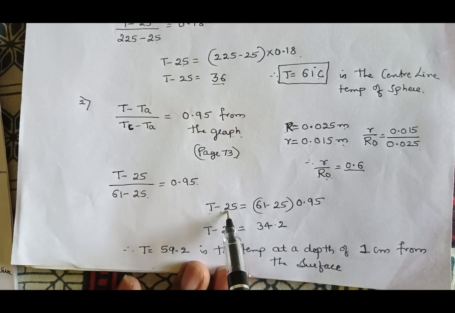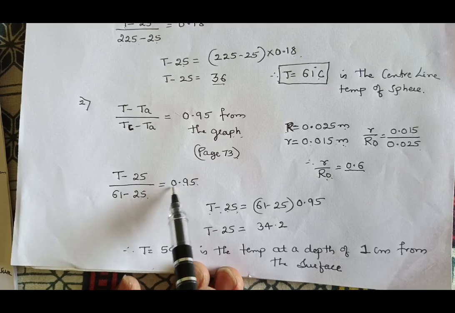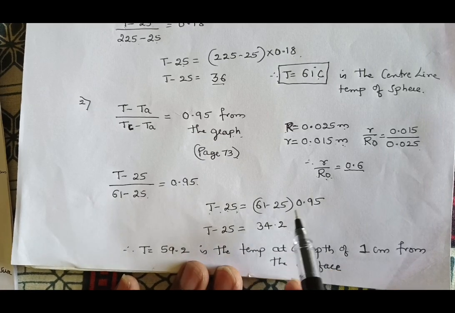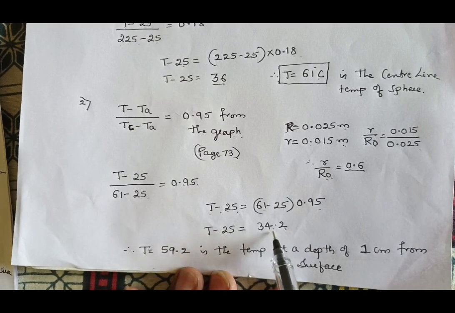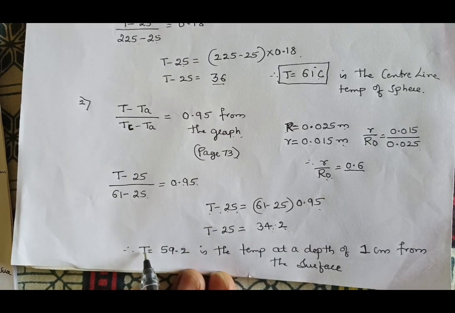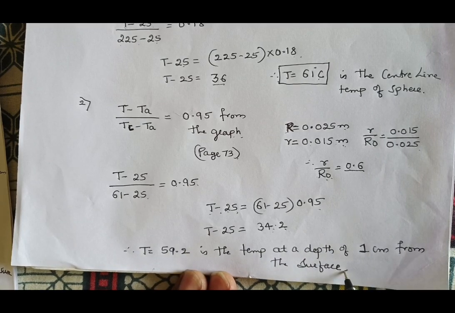So here T minus 25 equal to 61 minus 25 into 0.95, cross multiplication we have done. If we simplify this, we are going to get 34.2. So therefore T equal to 25 plus 34.2, that temperature T will be 59.2 is the temperature at a depth of 1 centimeter from the surface.